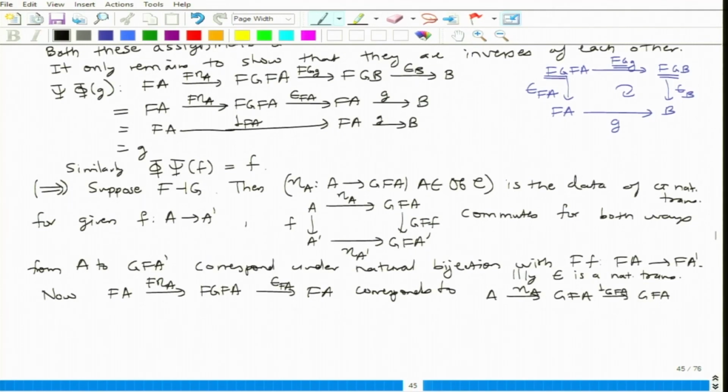That's the definition of eta A. And hence, epsilon sub Fa composed with F eta A is equal to 1 sub Fa. Similarly for the other triangular identity.